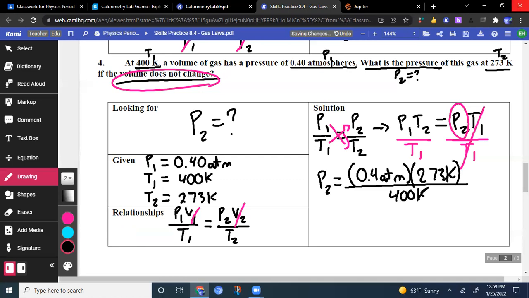See the Kelvins cancel, leaving us with a unit of atmospheres. And we should get about 0.273 atmospheres. Please make sure that you are independently putting these in the calculator to practice this and make sure you're getting this.